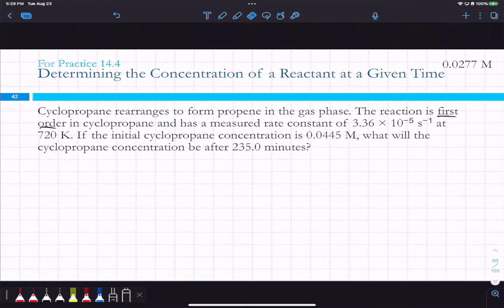So how would I set this one up? It's first order. We have time. What's the equation for the first order integrated rate law?